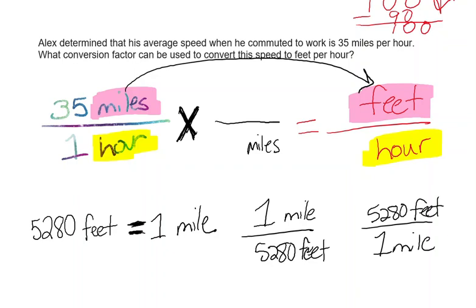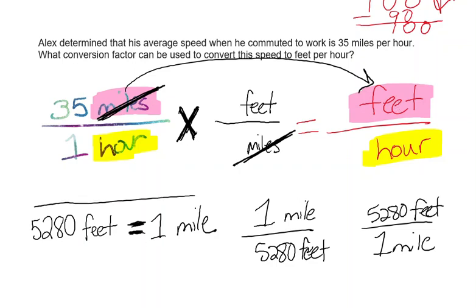Another way to look at it is if you want feet left in your answer as the numerator, then that means you're going to want feet in the conversion factor as the numerator. So again, miles on top cancels if we have miles on bottom, and we should see feet left in the numerator.